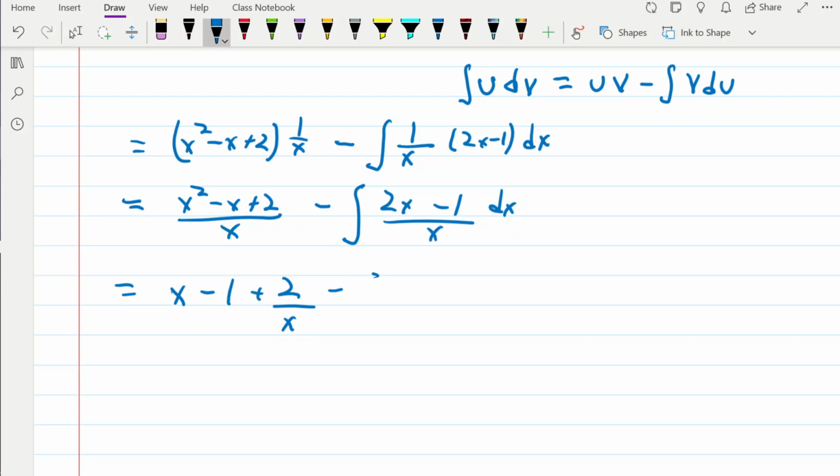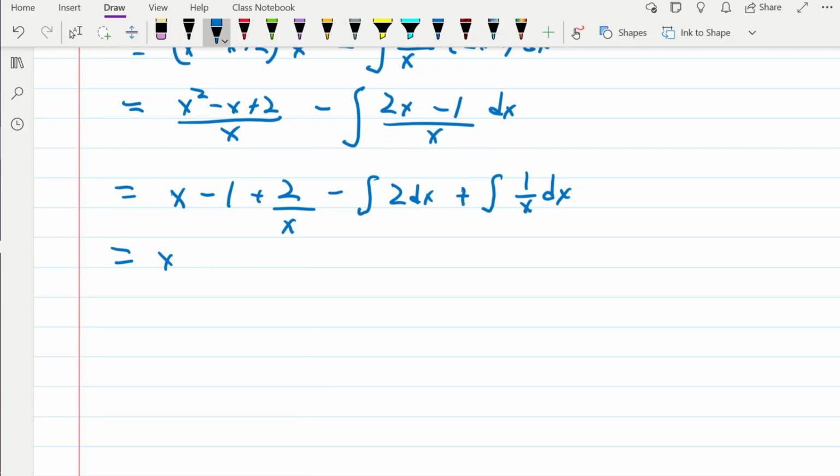minus the integral of 2 dx minus the integral, well actually this will be plus because we have to distribute that minus sign, 1 over x dx. Okay, so that means we get x minus 1 plus 2 over x minus, so this will be 2x, and this will be plus ln x plus c, and then we can simplify a little bit.